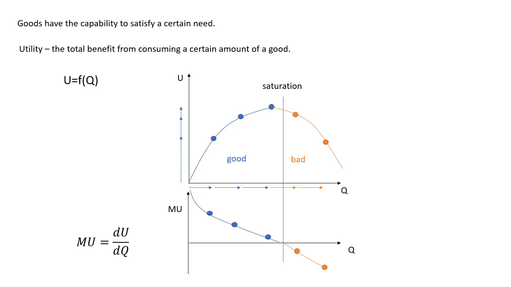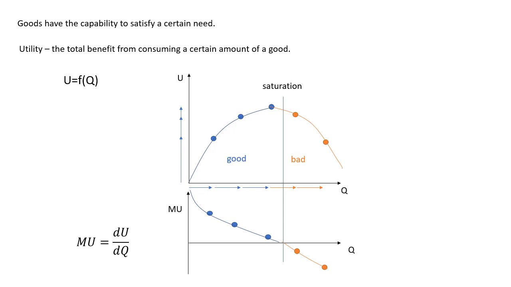As such, after the point of saturation, we cannot really call a particular product a good anymore, because it's bad. Theoretically, hence, we find that the relationship between utility and the quantity consumed is not monotonic. First it's increasing, then we may imagine that it is decreasing.